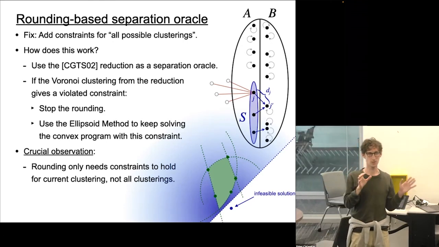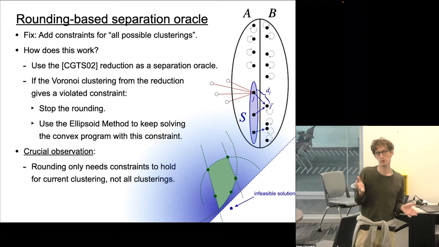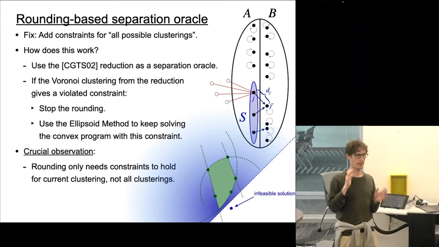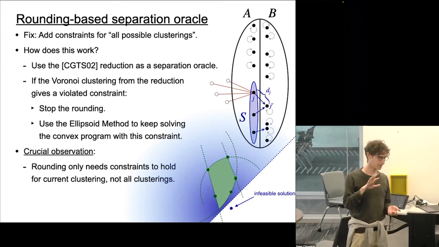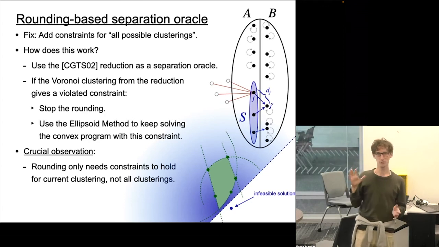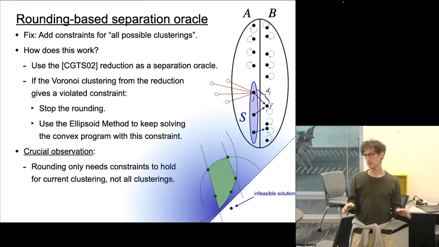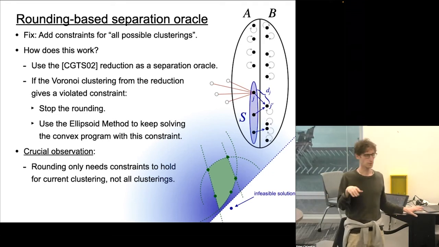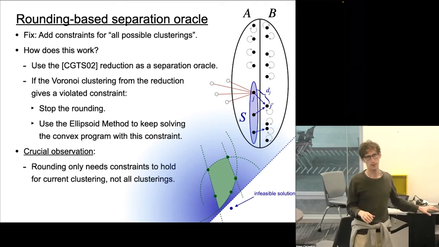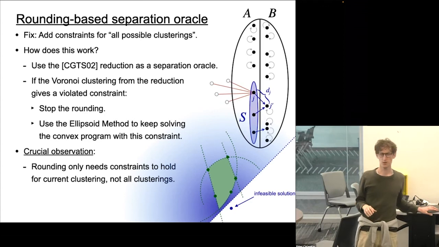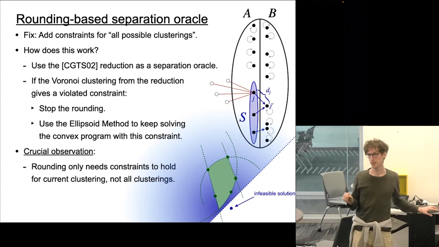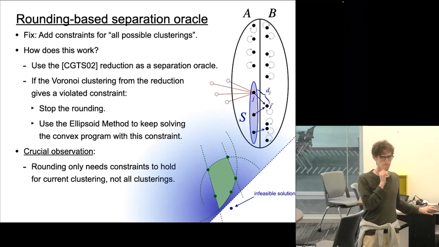So as soon as we get to that point in the ellipsoid method where we can't shrink anymore, and we can't have a violated constraint for this specific clustering that we have at hand, then that's all we need. That's all we need to make the rounding go through. Any questions about this somewhat subtle point?